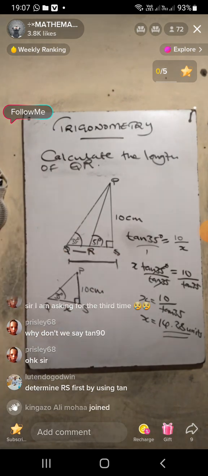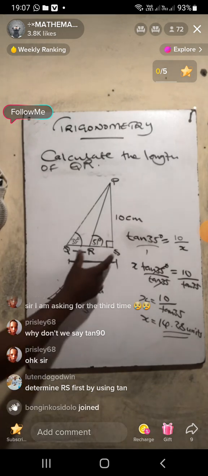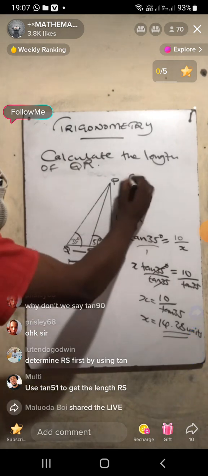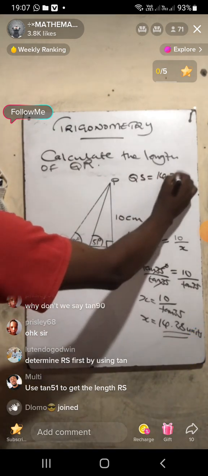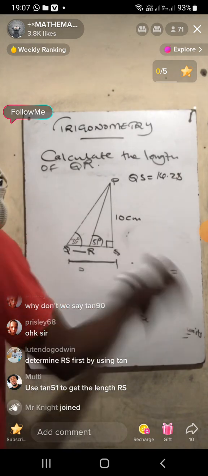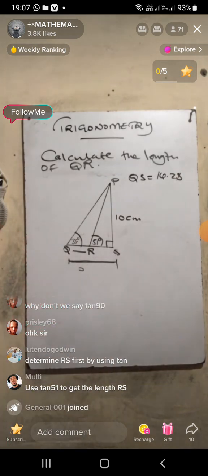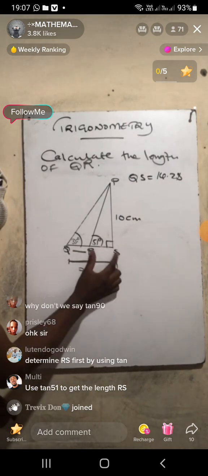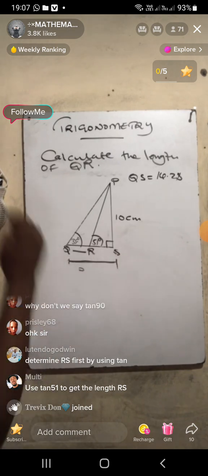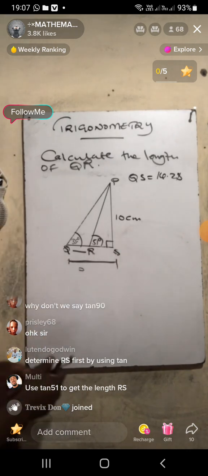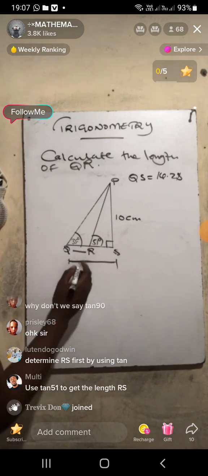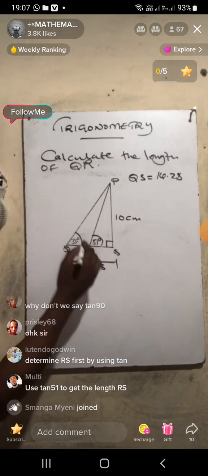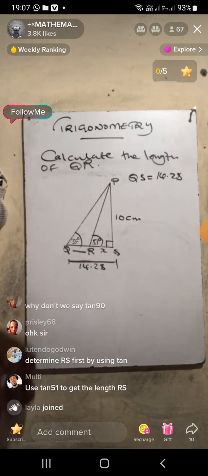Since we know that QS is equal to 14.28, now we are going to find the side RS. Then we'll subtract.